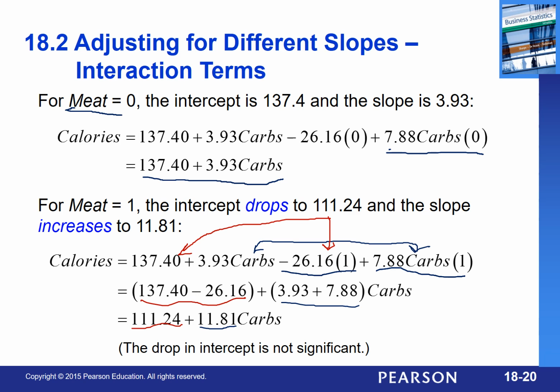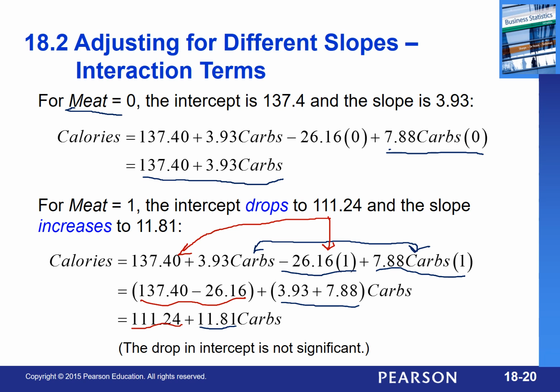So we've got a number times carbs. Notice that's the same as what we have over here. We have a like variable, so we can combine them. And then additionally, we have a constant with no variable. Since these are like, we can combine them. So the red part combines to make the following values below. And then the blue part combines to make these two times carbs. You're factoring out carbs, essentially. And you get the following.